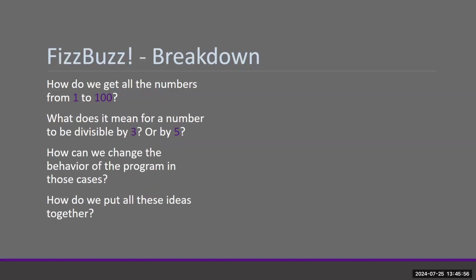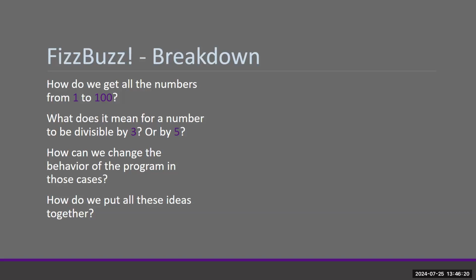So we've got a couple different questions. How do we get all of the numbers from 1 to 100? What does it mean for a number to be divisible by 5, or by 3, or by any other number, really? And how can we change the behavior of the program for different cases?